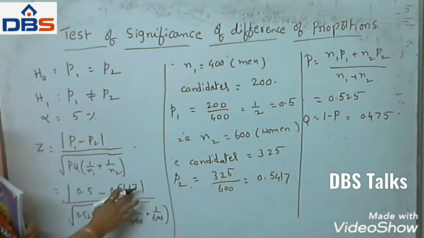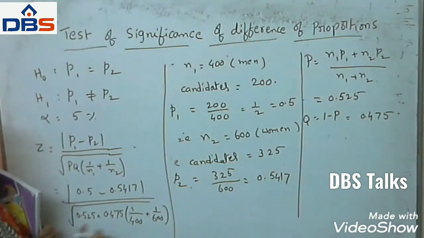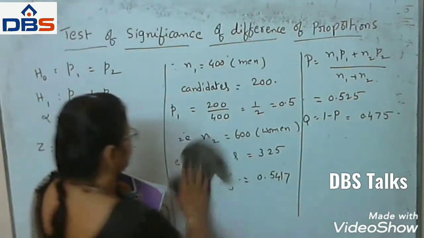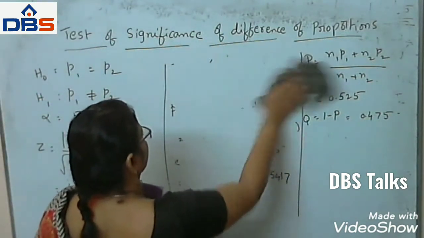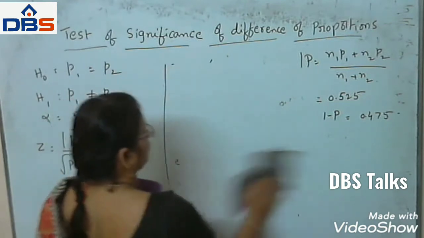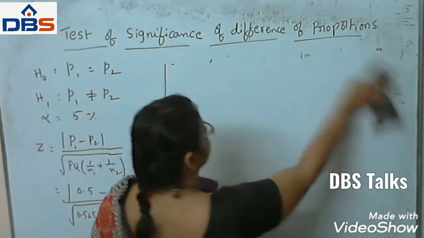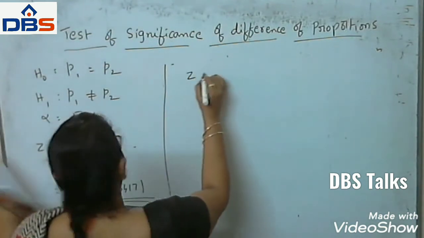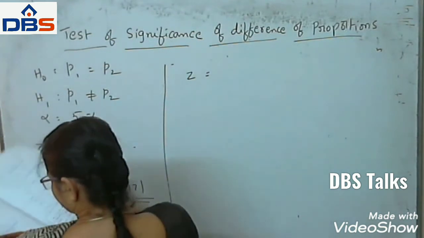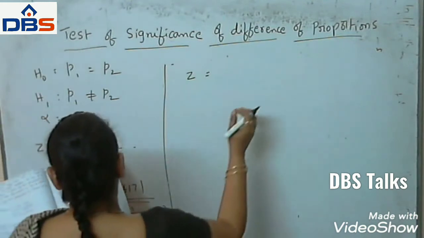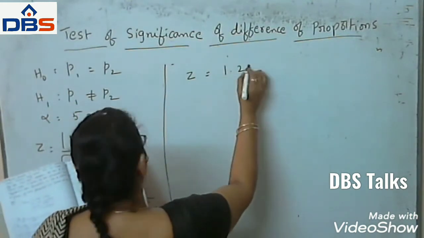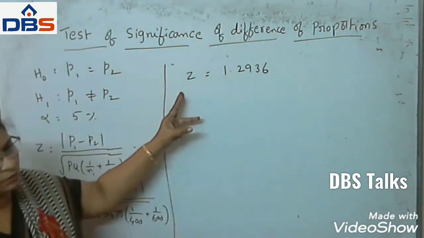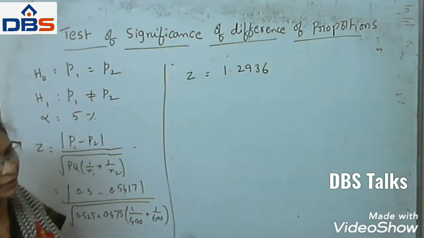By calculating this, the value of Z is 1.2936.